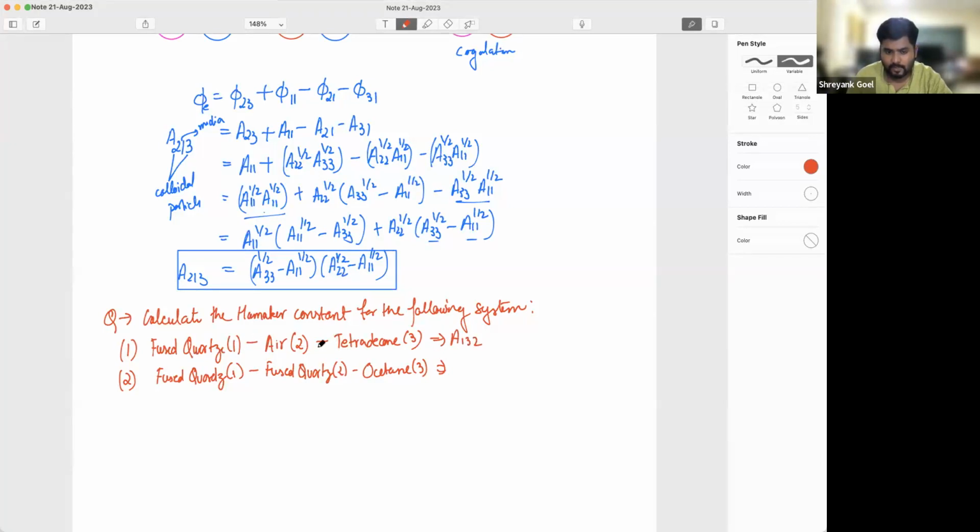So fused quartz is interacting with air in tetradecane. Fused quartz is interacting with fused quartz in octane. Here also 1, 3, 2. It essentially becomes 1, 3, 1. Then we have mica interacting with mica in water. It becomes A121.